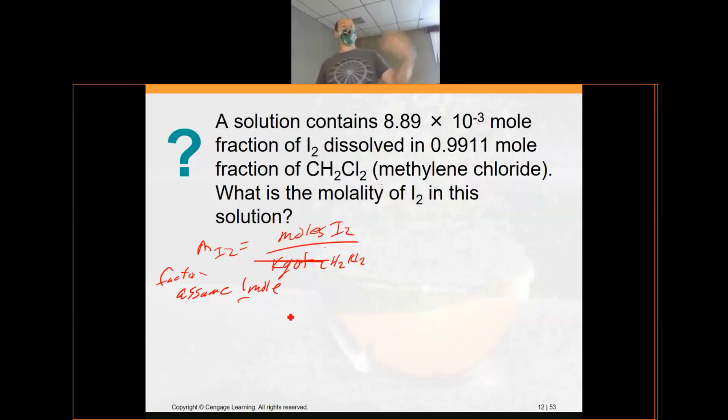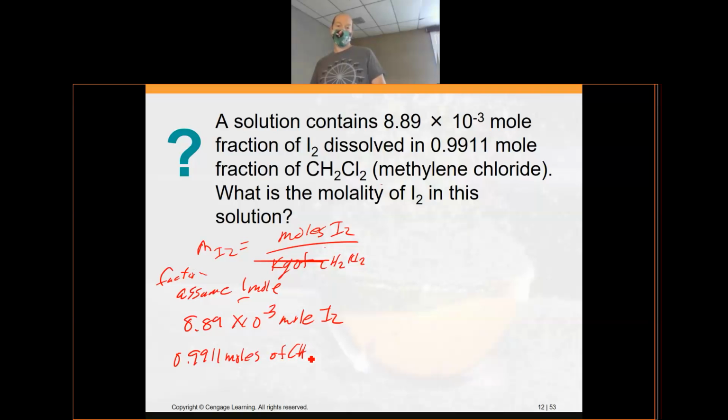When I have a percent, I assume 100 because then those percentages turn into grams for mass percent, milliliters for volume percent. So if I have 1 mole, I have 8.89 times 10 to the minus 3 moles of iodine, and I have 0.9911 moles of methylene chloride.